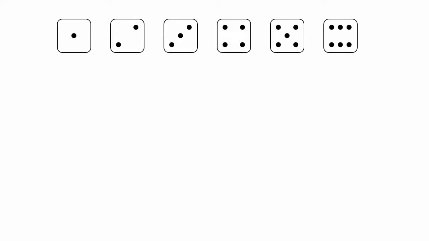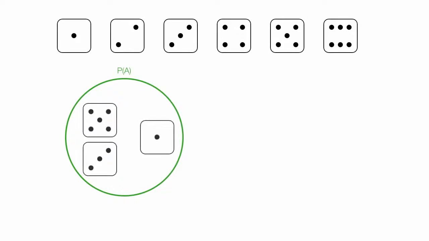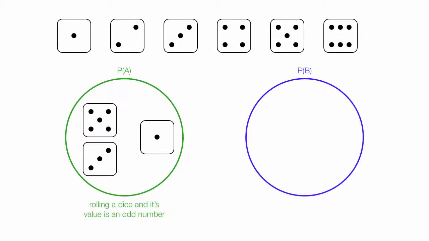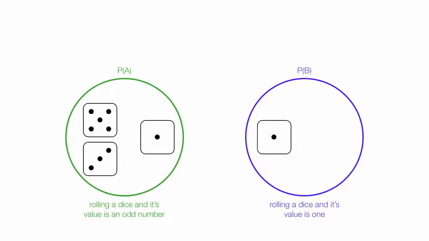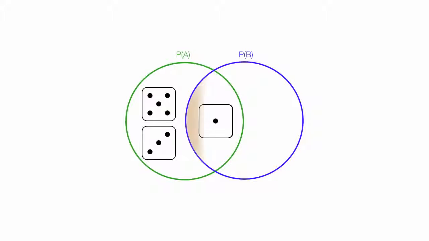So now I can rewrite this a little visually for you. The probability of event A, an odd number, is exactly the same as it was last time. The probability of event B, rolling a dice and its value is 1, is 1 out of 6. There's just one thing in there. The intersection, the brown area, now becomes 1 divided by 6.